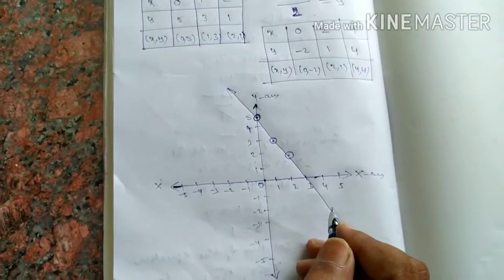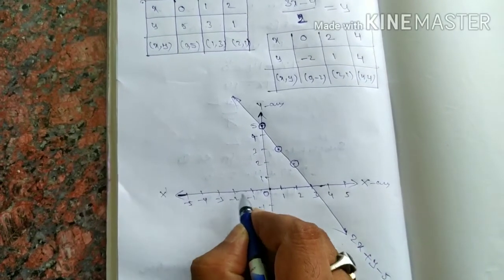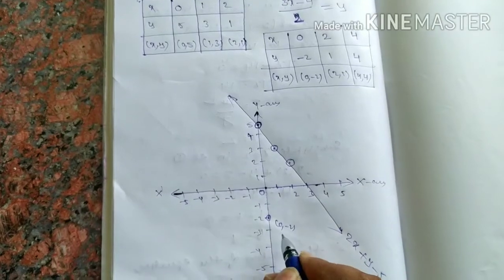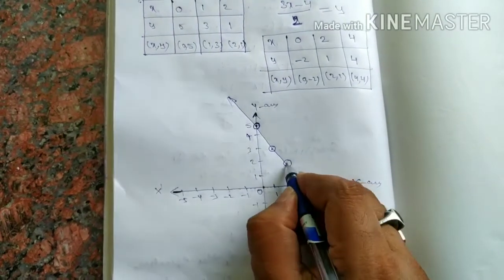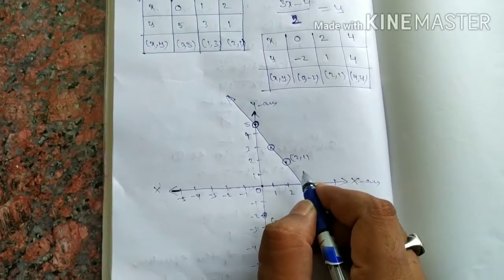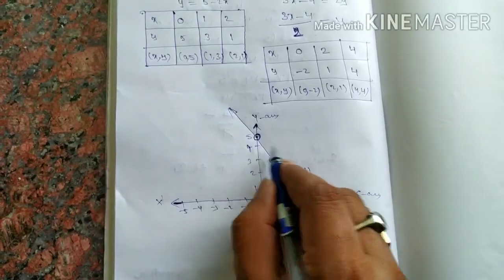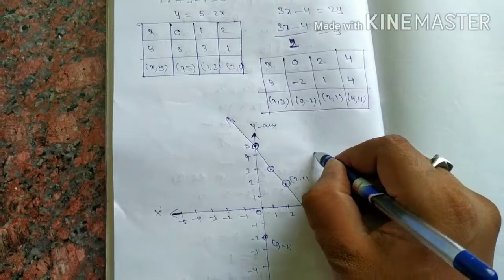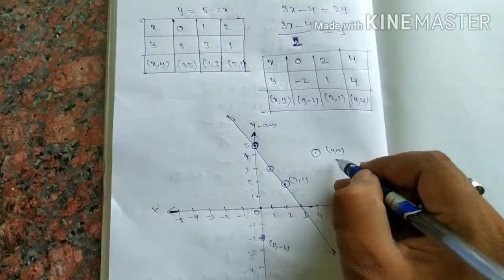Okay, one more. 0 comma minus 2: x value 0, y value minus 2. This is 0 comma minus 2. Next 2 comma 1, this is 2 comma 1. Next 4 comma 4. This is 4 comma 4.